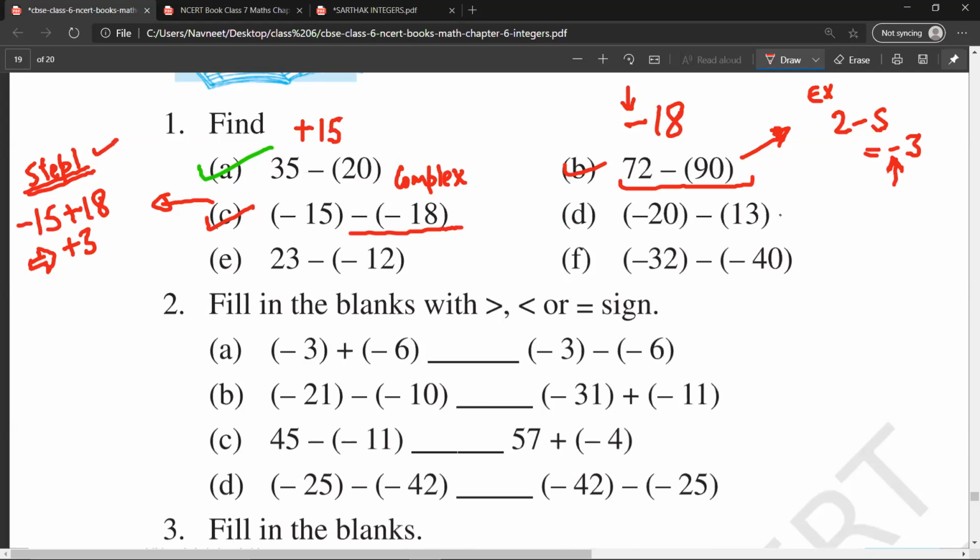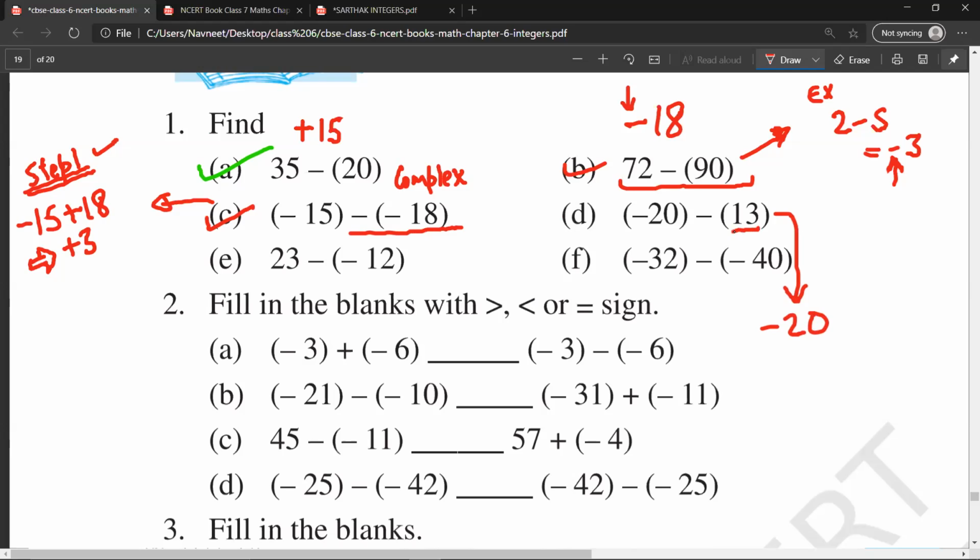For such complicated questions, when you find such complex questions, you can always use steps. So, for example, in this case, what would be the step 1? What should I write in step 1? Minus 20. Plus 13. Oh, sorry, minus 13.